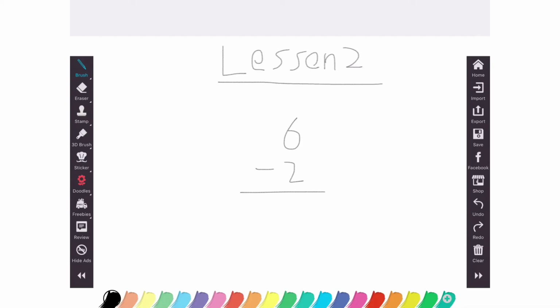So let's do the marble trick again. 1, 2, 3, 4, 5, 6. Give me 2. So let's get rid of the 2. Get rid of 2 on this side as well. And now you have 4. So the answer to this subtraction problem is 4.